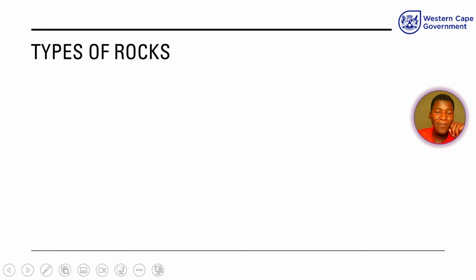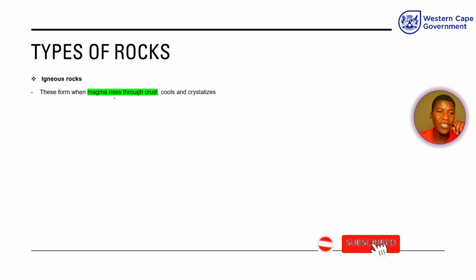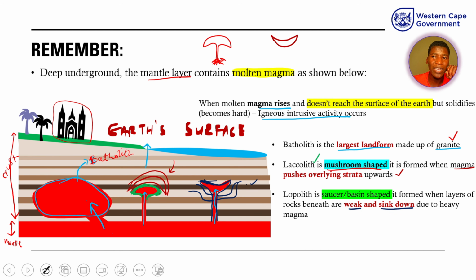So, the types of rock that we have include igneous rocks. Igneous rocks form when magma rises through the crust, cools and crystallizes. Remember, we said igneous intrusive activity occurs when the magma is not able to reach the earth's surface.